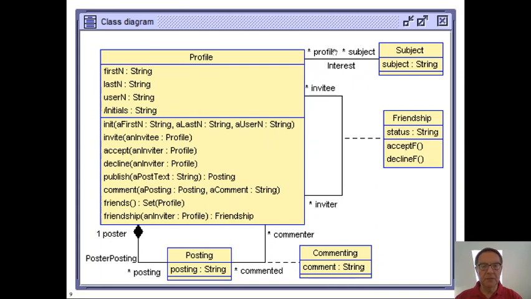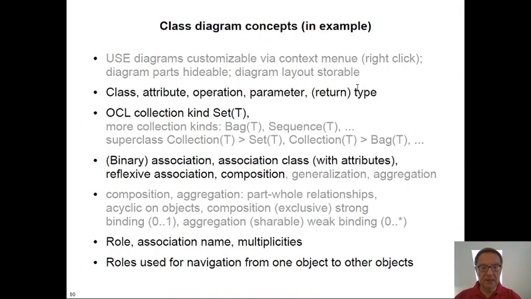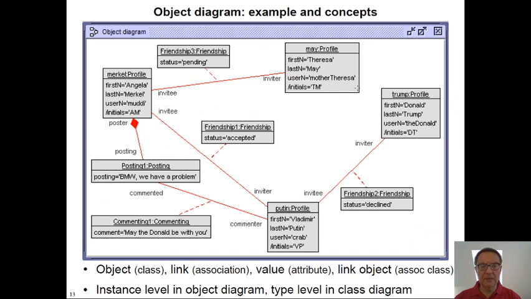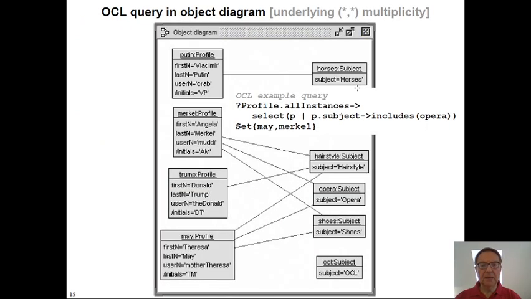There are two role names: profile with a small letter p on the Profile side, and subject with a small letter s on the Subject side. We have seen object diagrams for friendship and posting and for commenting, and we have seen before an object diagram for the interest part.